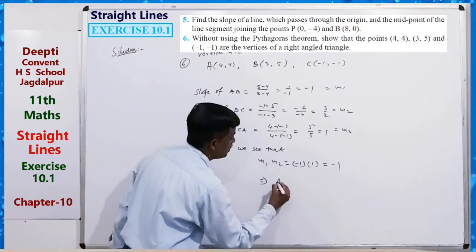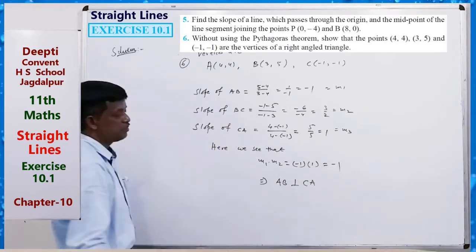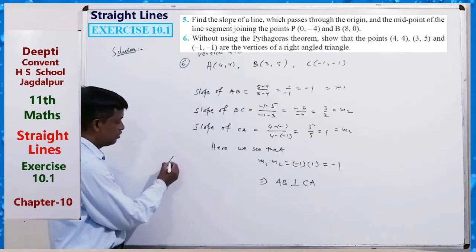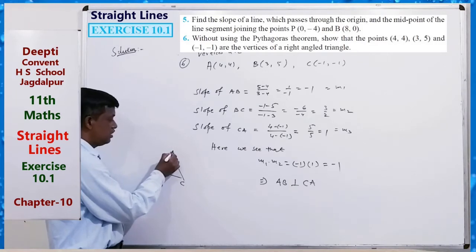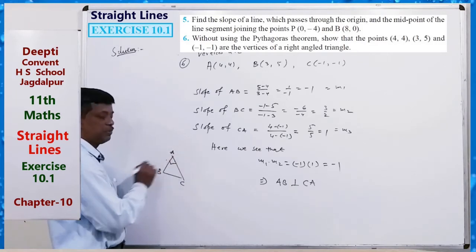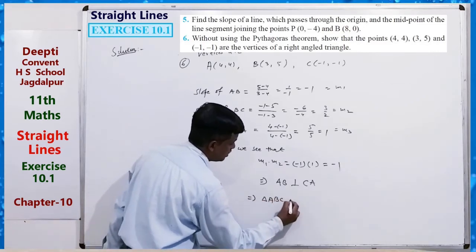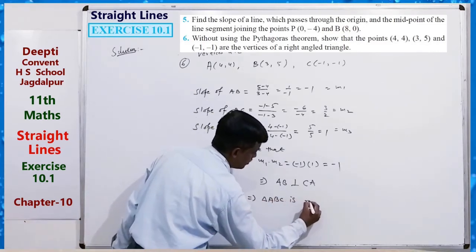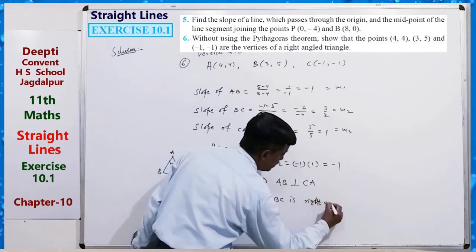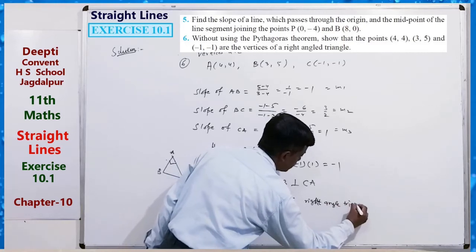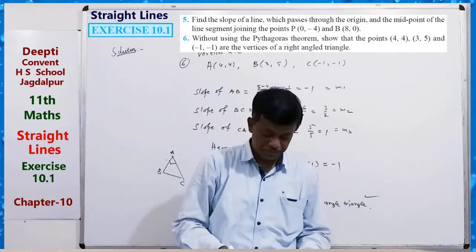So AB is perpendicular to CA. Both are perpendicular, which implies triangle ABC is a right angle triangle. This is the technique by using slope.